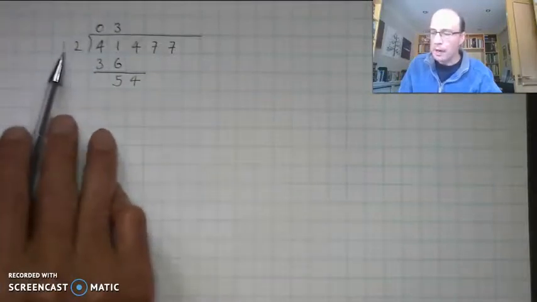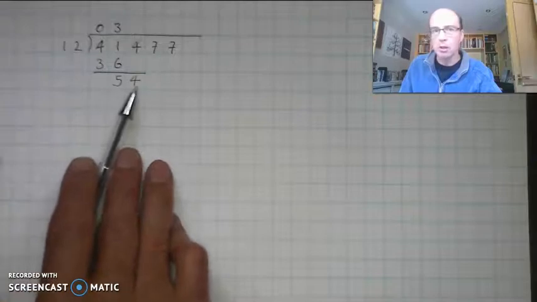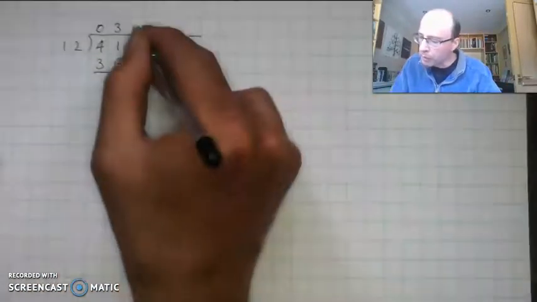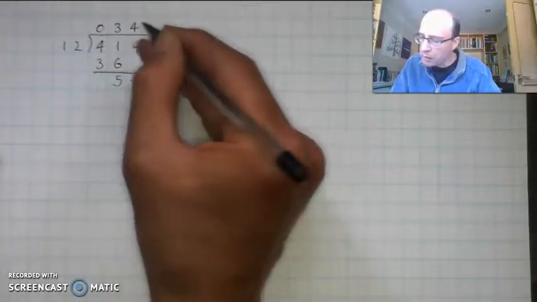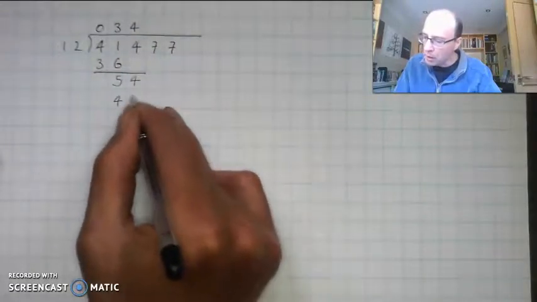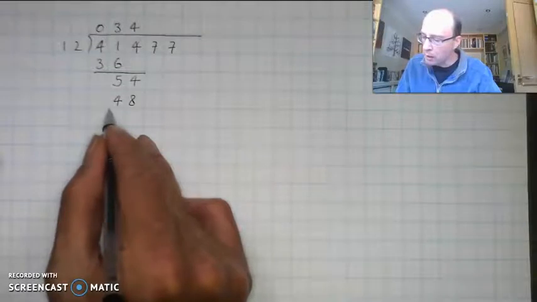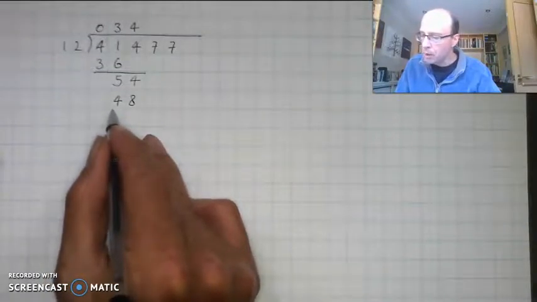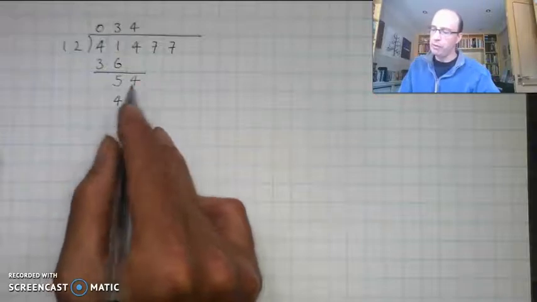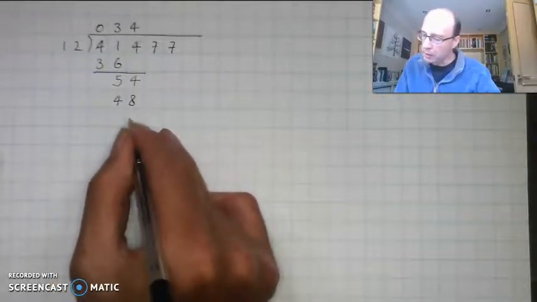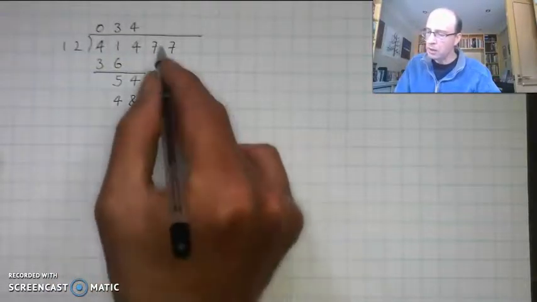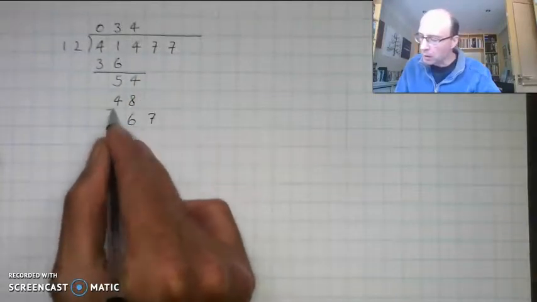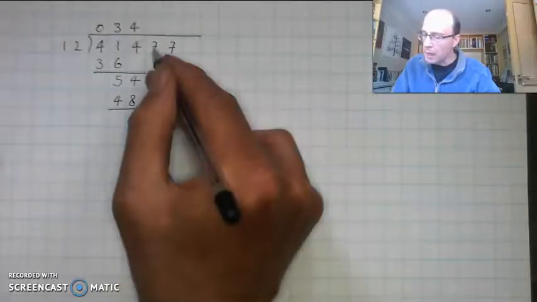So I then want to work out how many 12s go into 54. Well, I reckon that's going to be 4, because that's going to give me 48. So I'll write my 48 in, and I'm going to do my subtraction, which is 54 take away 48, giving me 6, and then I'm going to bring my 7 down.